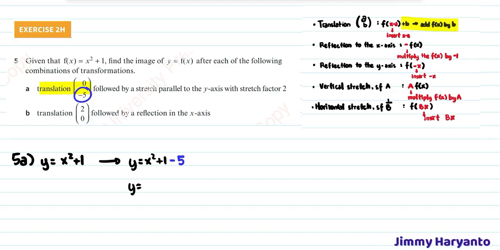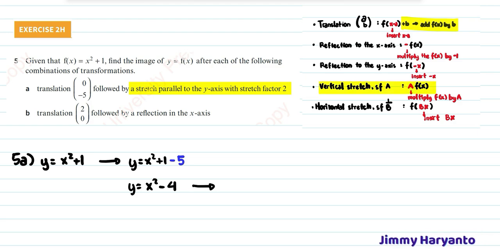And then we have to simplify it first. You'll have this. And then after this, we need to stretch it parallel to the y-axis, scale factor 2. That means this one, yeah. Multiply them all by 2. So y equals 2, and then open brackets, x squared minus 4. You can leave it like that, or you can multiply it like this.